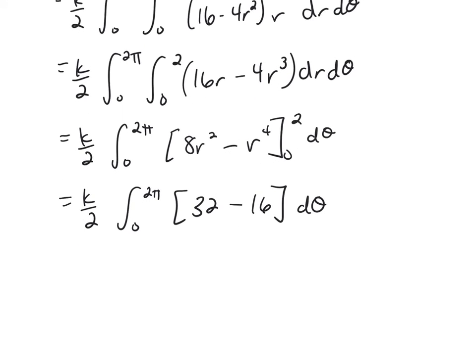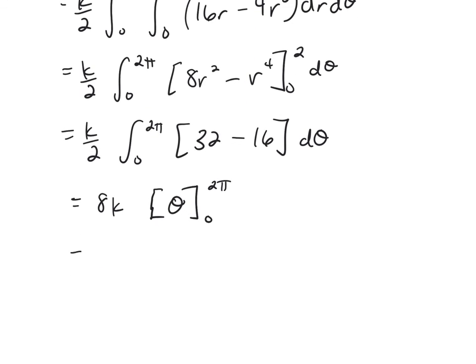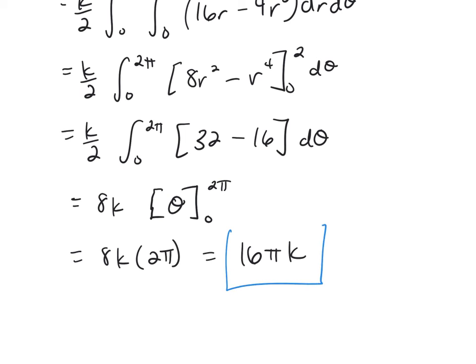That'll give you a 16, which you can pull out, but because there's a 2, it'll become an 8k. Integrate, you'll get a theta. So you'll get 8k times 2 pi, or 16 pi k. And there is my mass.